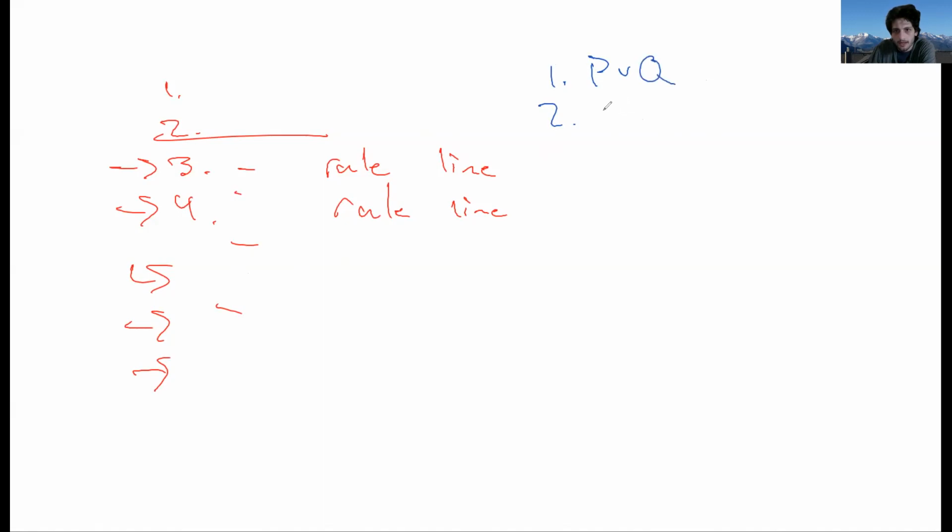And then let's say if Q is true, then R is true. And let's say I want to convince you, I think those are two good reasons to believe that if P is not true, R has to be true.